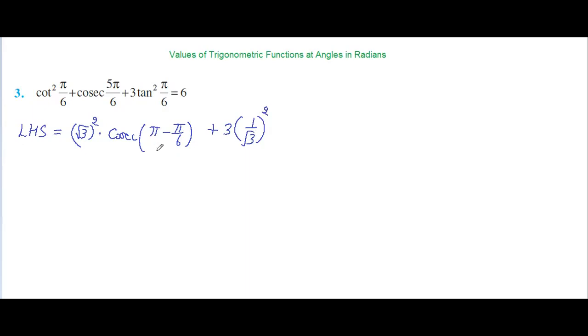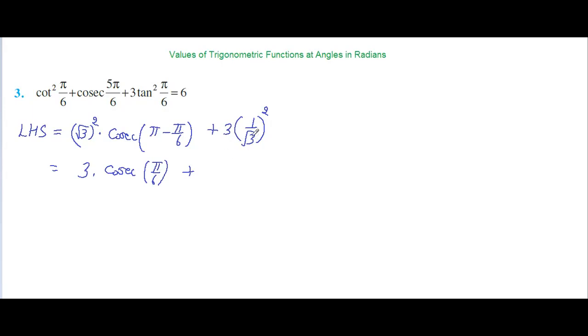Put square. This is root 3 square is 3. Cosec of 180 degree minus theta is cosec theta. It is cosec of pi by 6. 1 by root 3 square is 1 by 3 only.